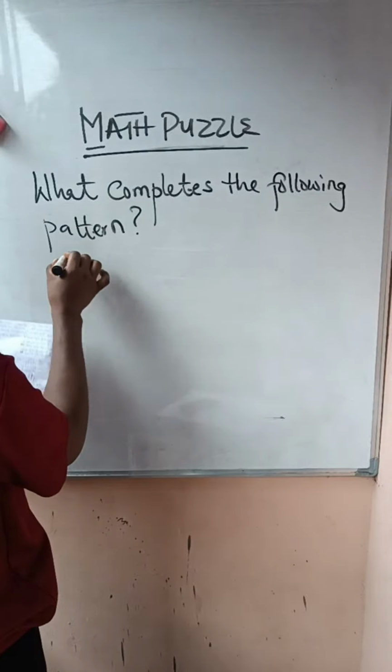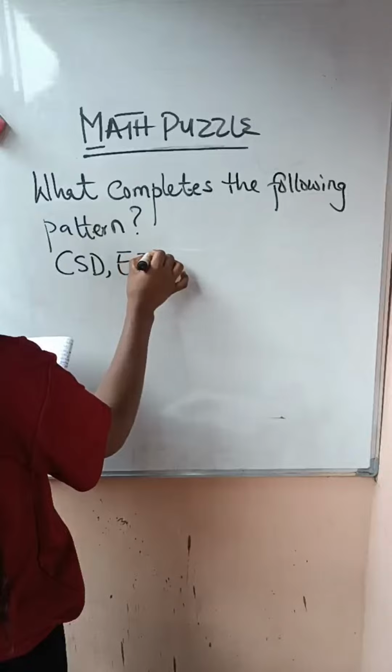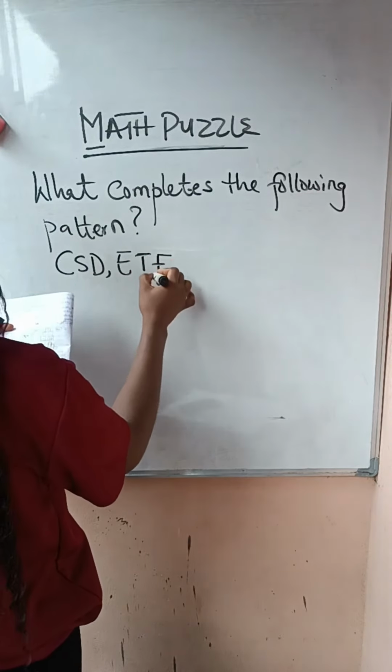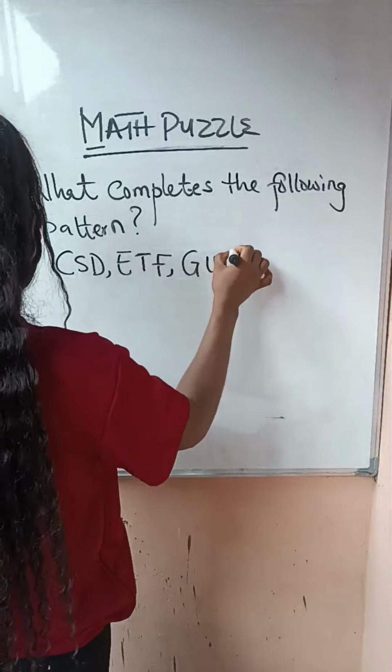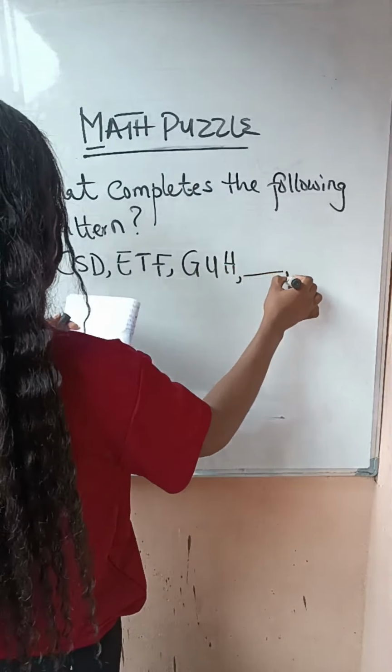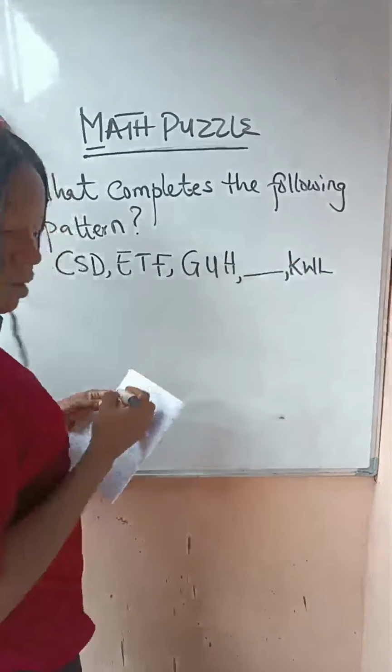So the pattern is we have CSD, we have ETF, we have GUH, then we have this one missing, we have KWL.